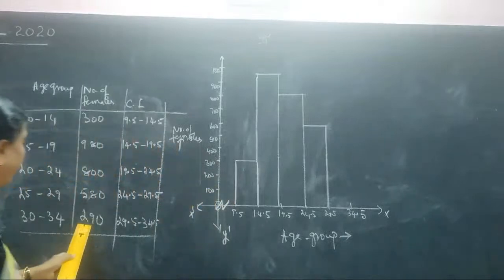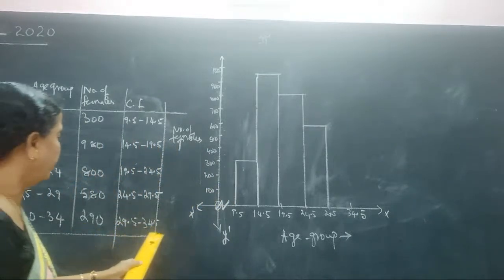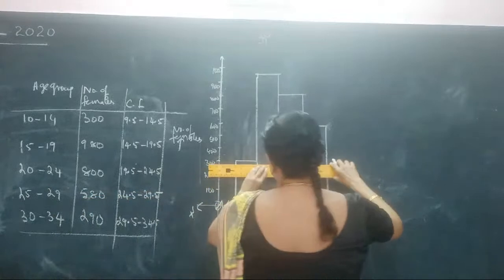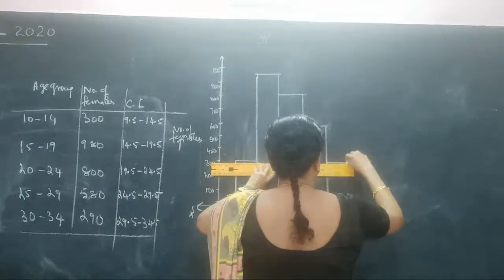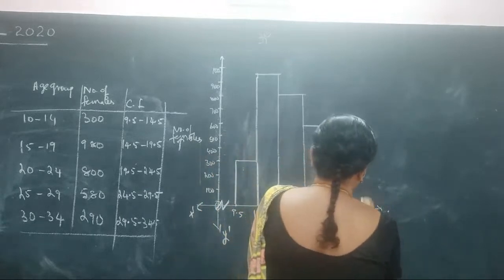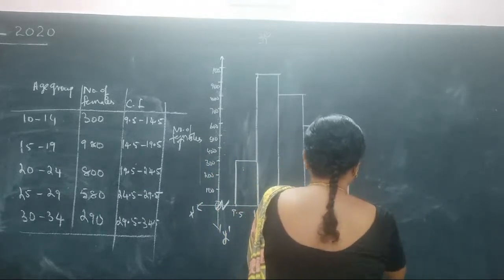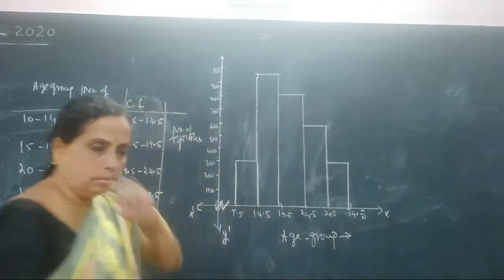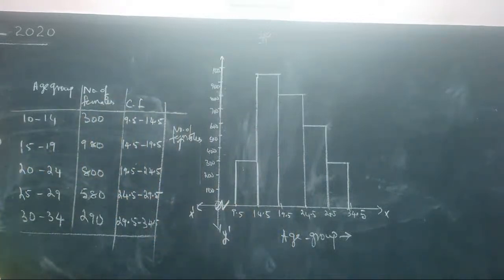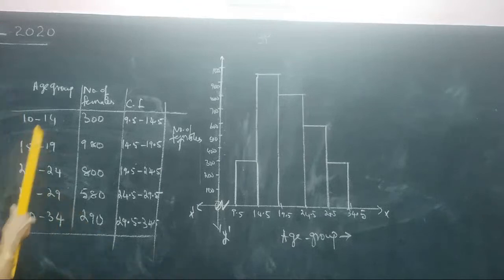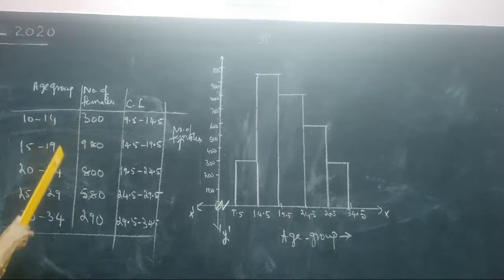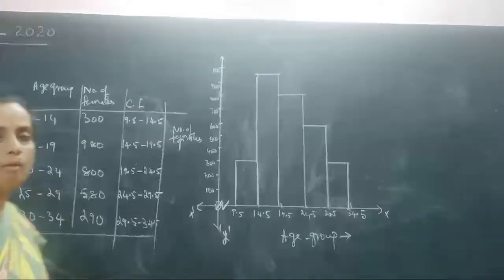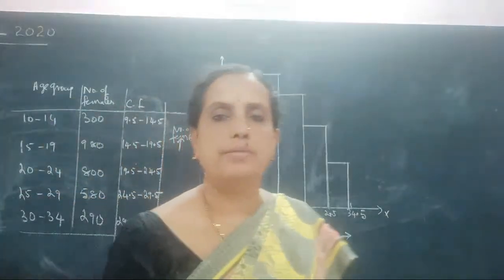Then 290, 29.5 to 34.5, 290, 1 division below 300. This is how we frame the histogram with the continuous class interval by adding and subtracting half of the difference.